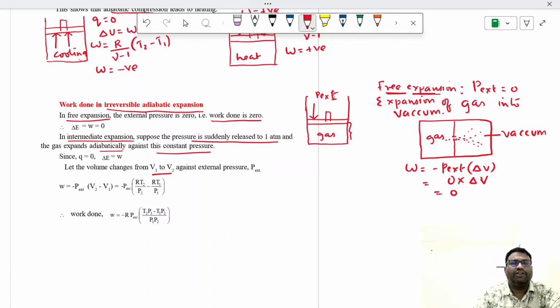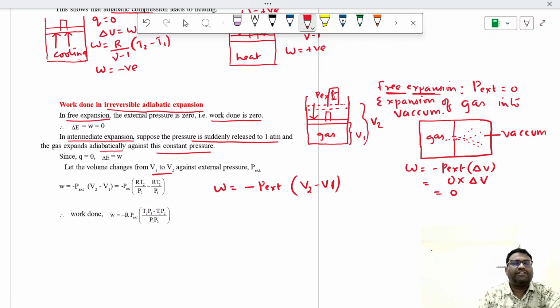Let the volume be V1, and after expansion let the volume be V2, against a constant external pressure. Then work done is given by minus P external into (V final minus V initial).